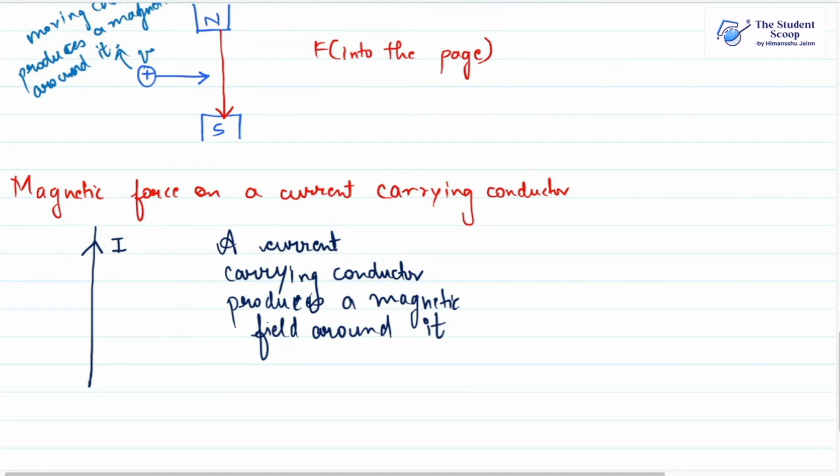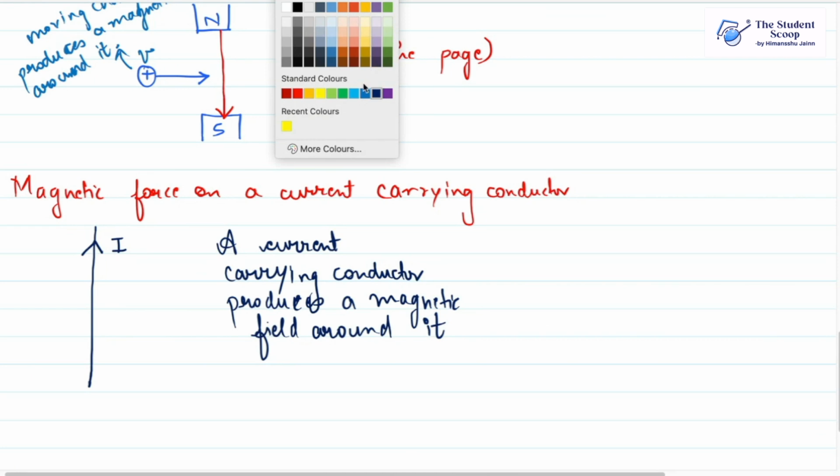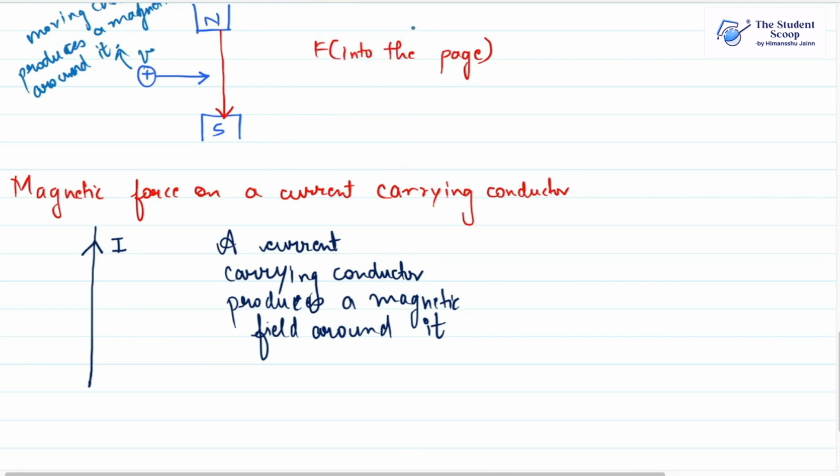Jason said out of the page. Anyone else? So it can either be out or in. I think it's inside. The correct answer to this is that the magnetic field will be in the anti-clockwise direction. Okay, how do I know that direction of magnetic field here?